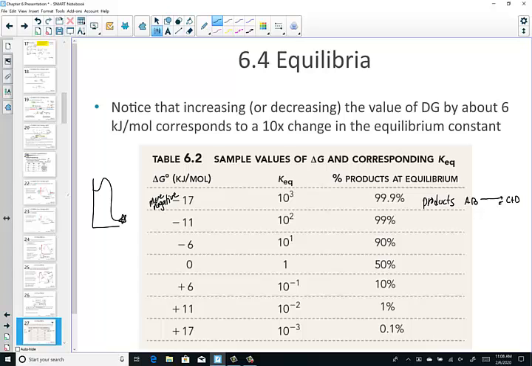By the time you're down at a Gibbs free energy of 0, let's look at what that would look like. We'd have a little energy barrier, but you would start and end at the same space, the same amount of kilojoules, so the difference between reactants and products is 0. Your equilibrium constant is 1. That means you have an equal amount of reactants and products.